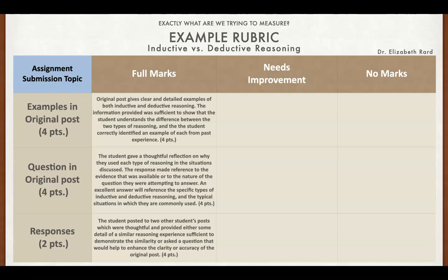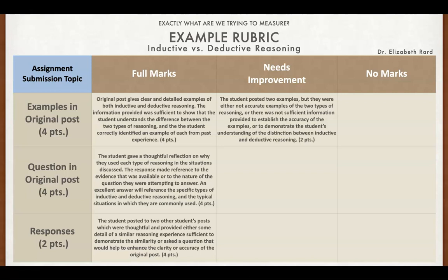Okay, well, let's look at the next level. What is not so excellent of a response here? What does it demonstrate? The student posted 2 examples. Okay, a little bit of a count there again, but they were either not accurate examples of the 2 types of reasoning, or, because there's multiple reasons why she might mark somebody down, so she wants to cover those, or there was not sufficient information provided to establish the accuracy of the examples, or to demonstrate the student's understanding of the distinction between inductive and deductive reasoning.